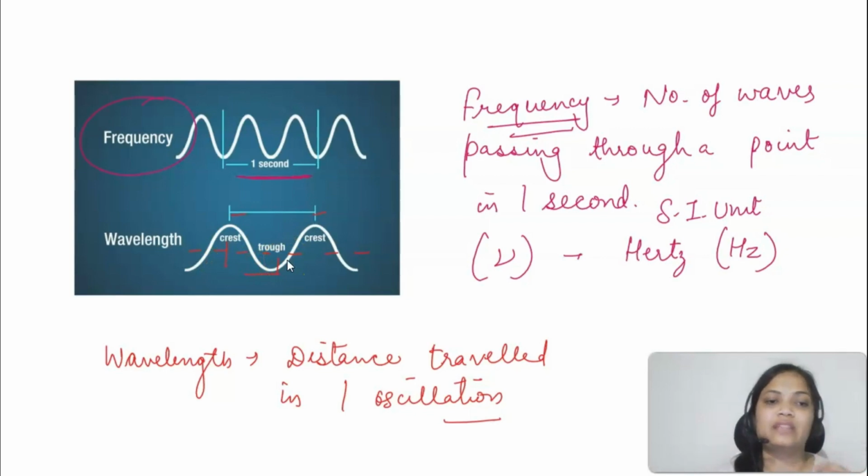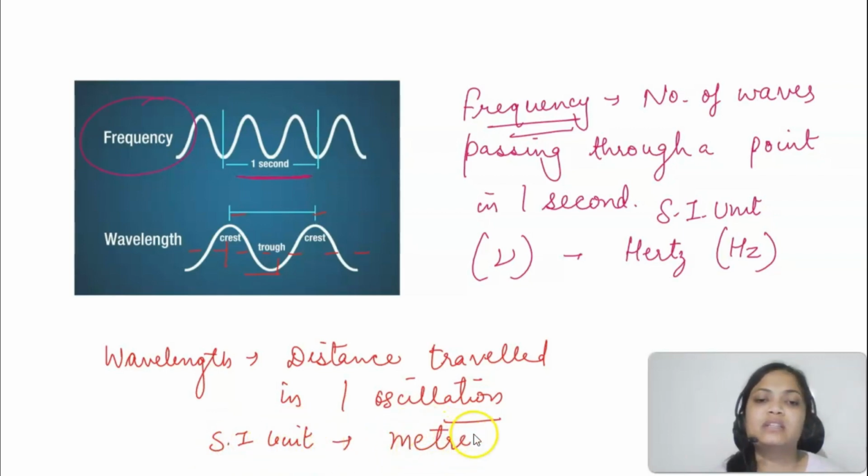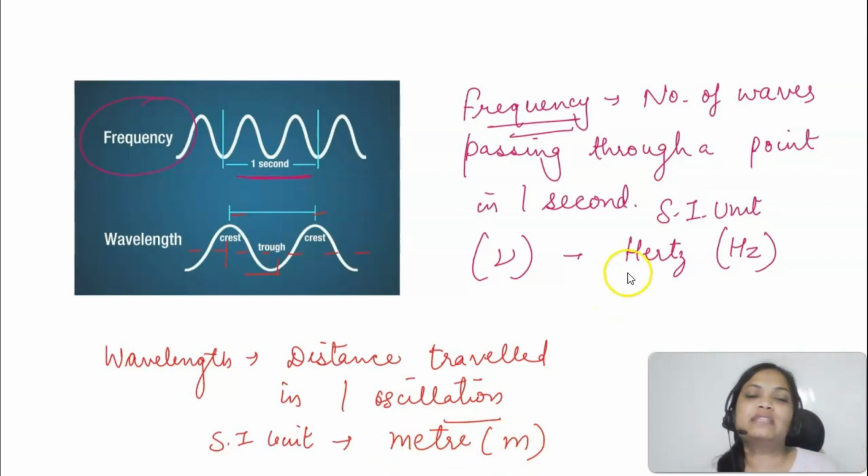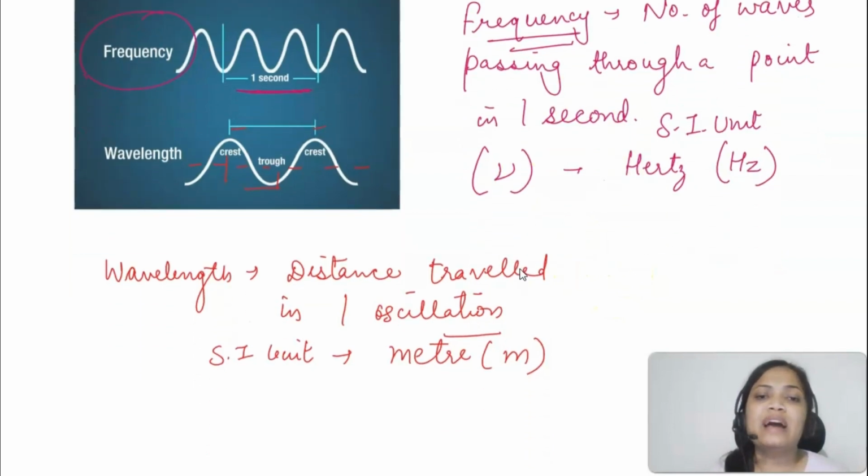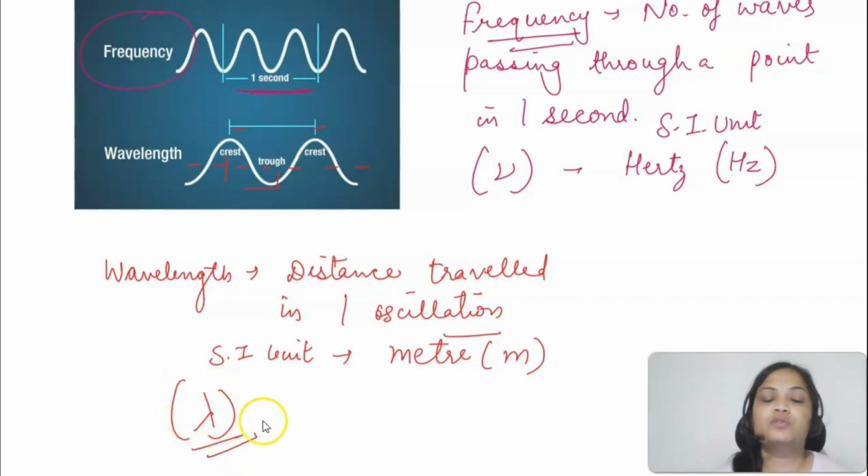Its SI unit will be the unit of length, which is meter. But since the wavelength of EM waves is very small, we take small units like nanometer. The wavelength is denoted by lambda.